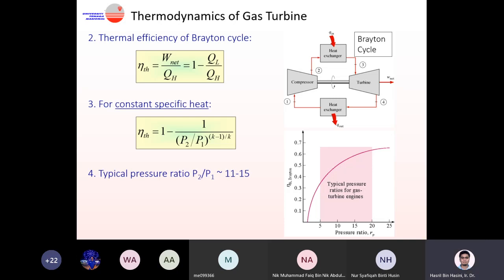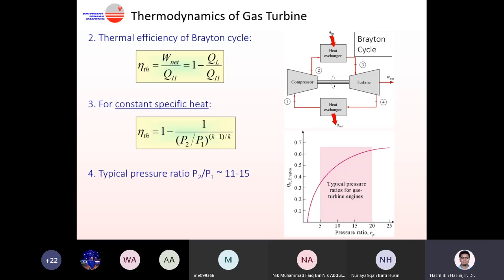For the compressor to work, we have to supply energy into it. So if you want a higher pressure ratio, of course, you have to put in more energy into your compressor. That's why there is no point in getting the pressure ratio up to 50 or up to 100.